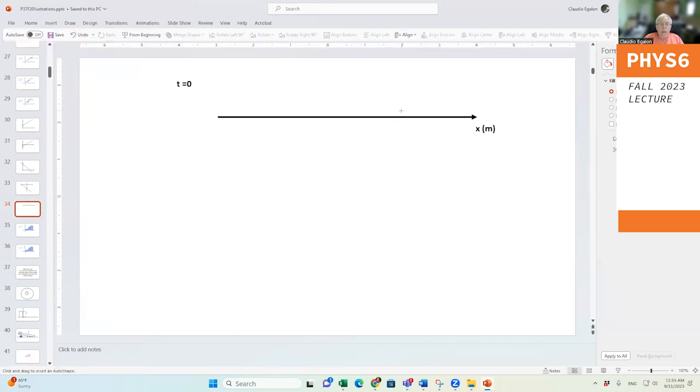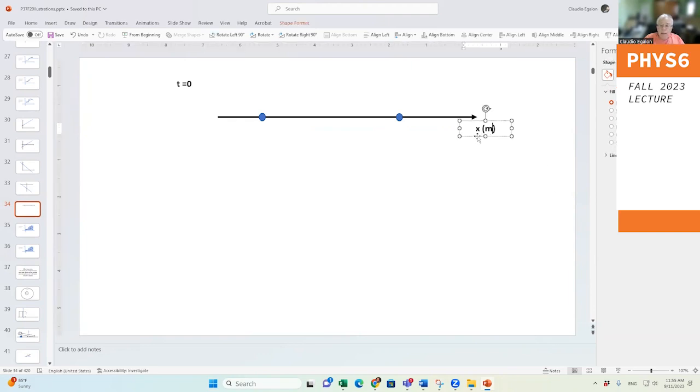Car 1 is here, and car 2 is here. Make sense? The first one is the X1, right? This one is X not 1. Let me label it here. But don't forget, it's the second car that's moving faster, right?